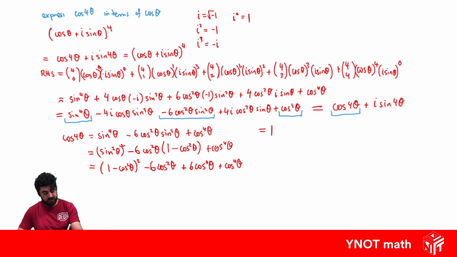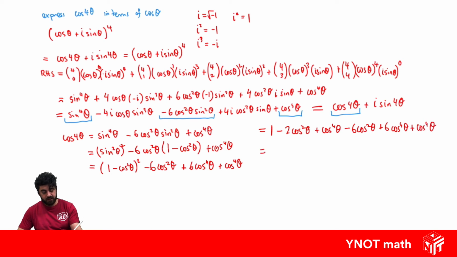So we get 1 minus 2 cos squared theta plus cos to the 4 theta minus 6 cos squared theta plus 6 cos to the 4 theta plus cos to the 4 theta.